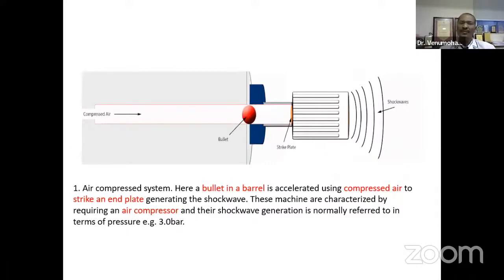Now coming to the different generators, the commonly used generator is the air compressed one. Here you can see there is a bullet in the barrel, and this bullet is accelerated by using compressed air. So they use the compressed air to accelerate the bullet, and this bullet strikes the end plate, generating a shock wave.